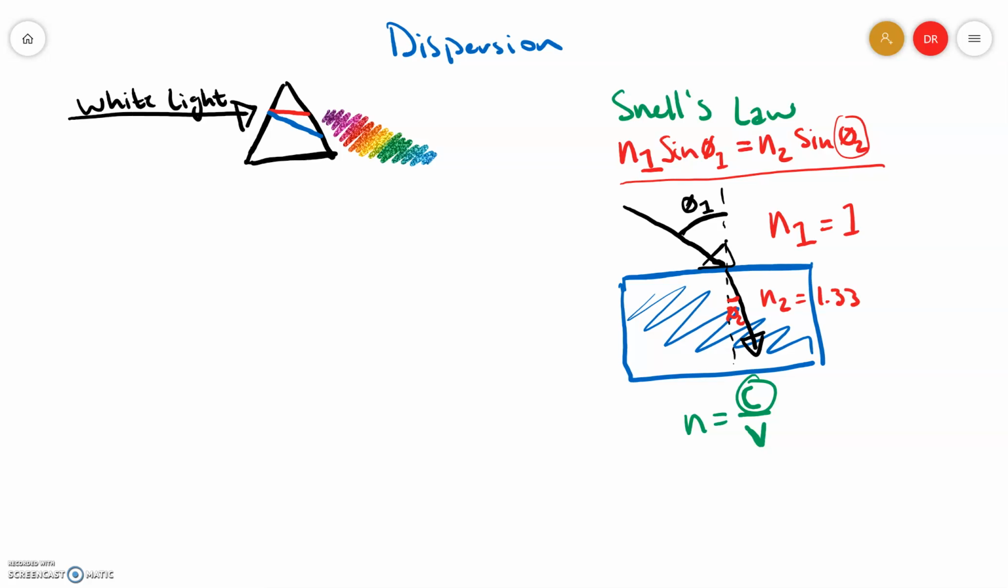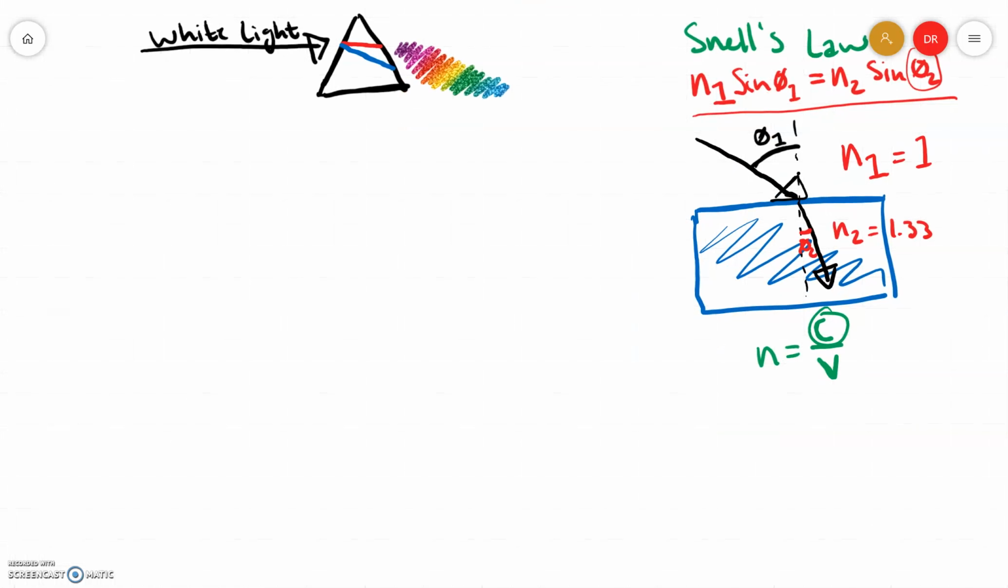And the reason this is so important for dispersion is because, going back over to our prism example, I'm going to redraw this a little bit bigger, a little bit easier to see. So we've got white light with its individual components that are moving.